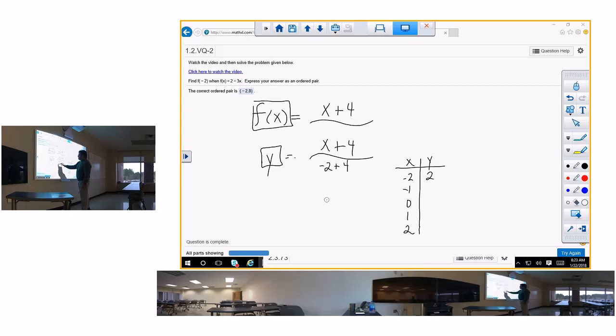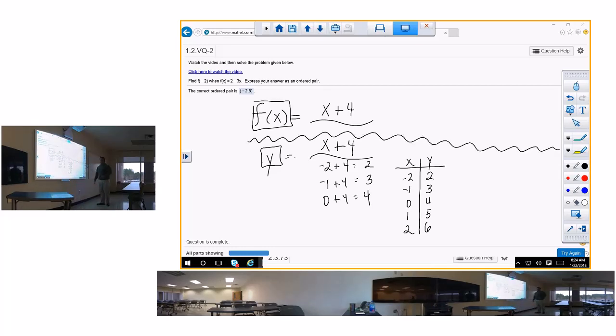You'd plug in negative 1 plus 4 is 3. 0 plus 4 is 4. And then you see the pattern, 2, 3, 4. You know this is 5 and 6. Now that is the pre-algebra way of doing it. Okay, that's what you learned back in pre-algebra.